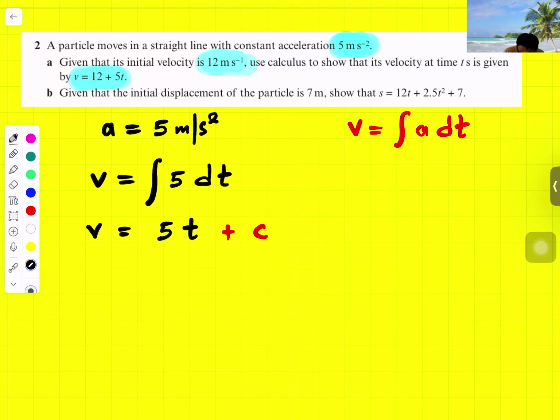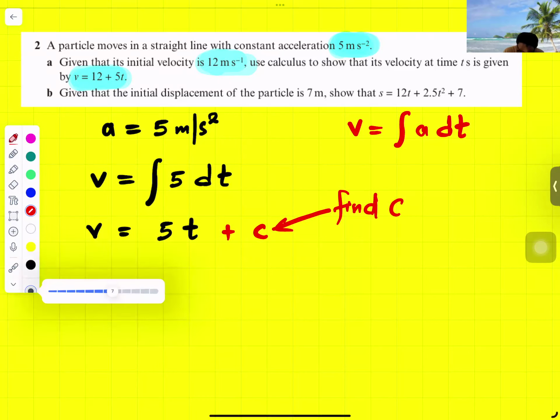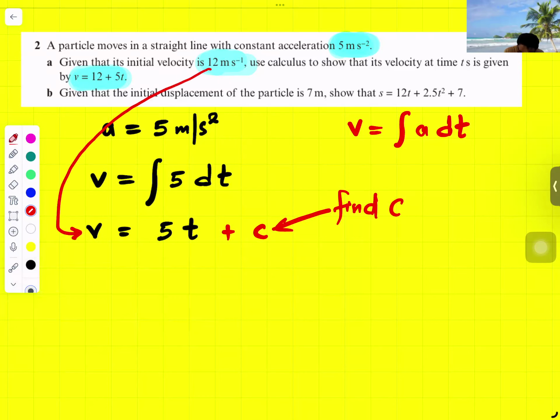Now we need to find this c. We put the numbers they've given us in the question. They said v is 12. So the 12 will come for v there. So put v as 12 and put t as 0 because those are the initial conditions.